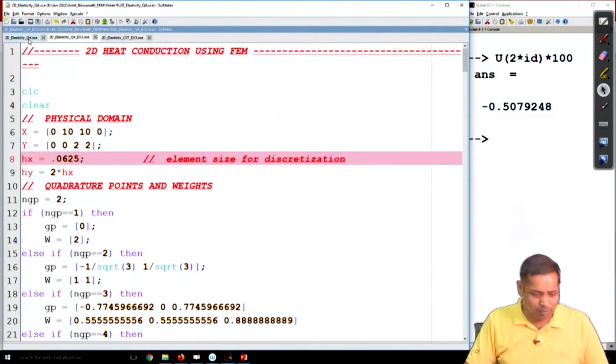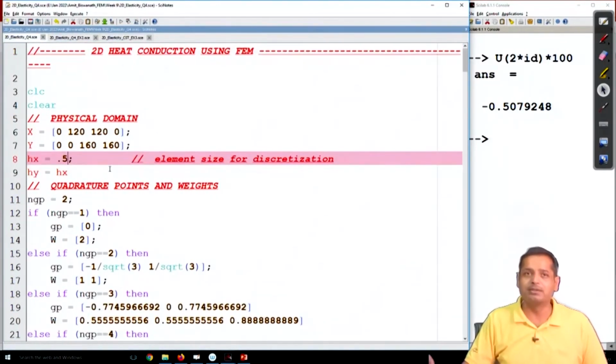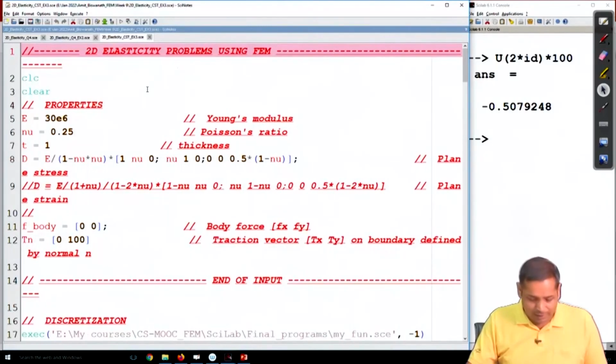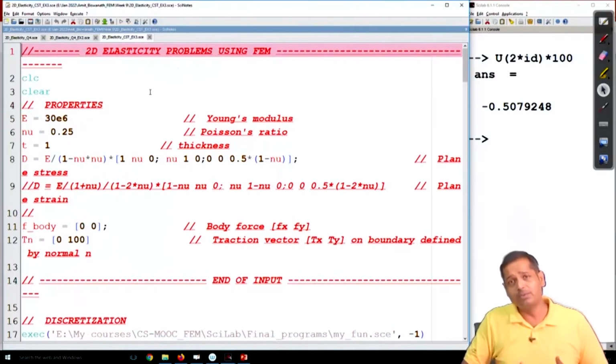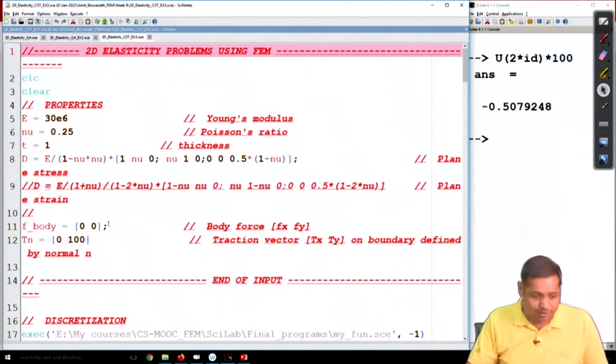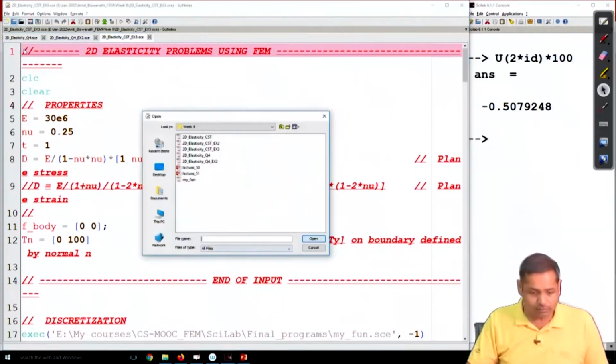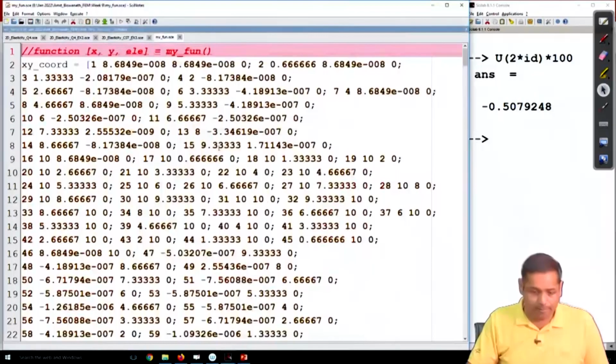You see, for these two problems our domain was simpler, so discretization was relatively simpler. But next, we will take an example where the discretization is not that easy. Therefore, we have used a different software for the discretization and use that discretized data, the nodal positions and element connectivity, for our solution, and it is stored here.